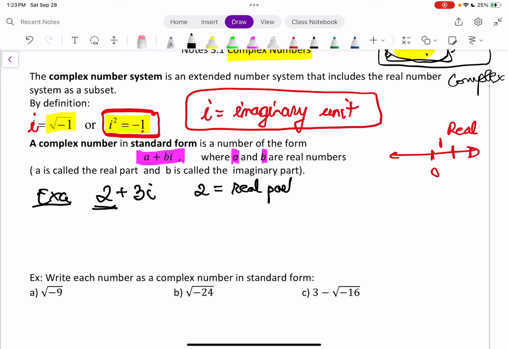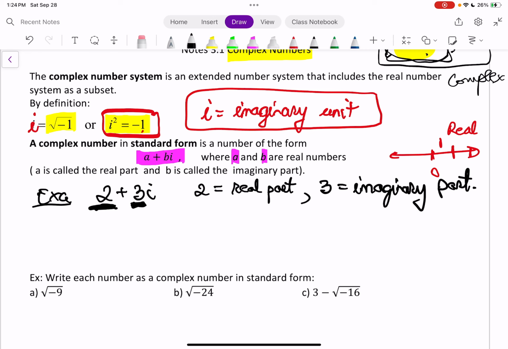It has two real parts, it really has two ones, and it has 3 imaginary parts, in other words, it has 3 i's. So this complex number, just as the name suggests, is made up of several layers. It's made up of 2 real parts, so 2 ones, and 3 imaginary parts, so 3 i's.